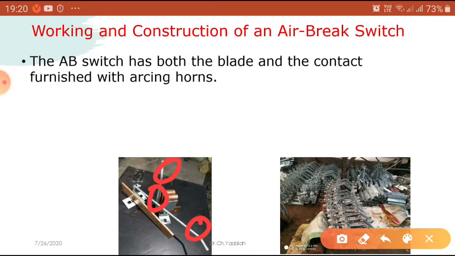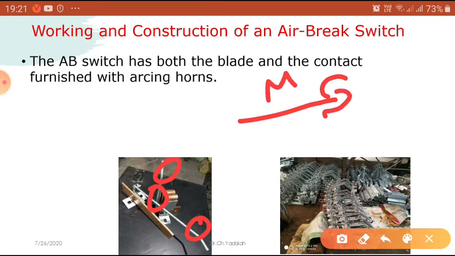Now next, when the switch is open, you can see, for example, this is one arcing horn, and this is the male.